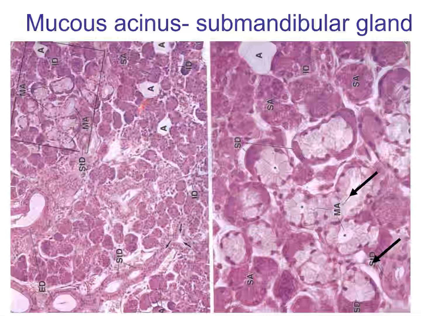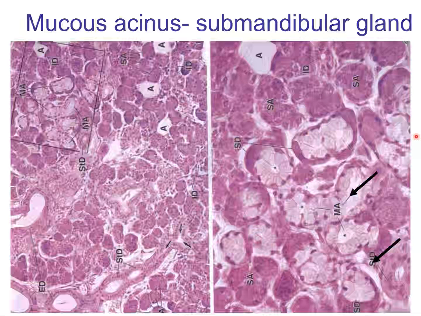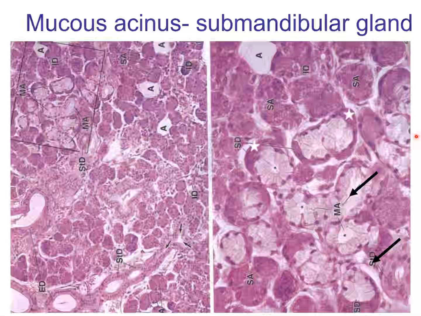The submandibular gland is a mixed gland, but predominantly serous. 90% acini are serous, only 10% are mucous. See the mucous acini and the serous demilume. You have to identify a serous demilume under the microscope. These starred areas or these portions of the acini are the demilume.